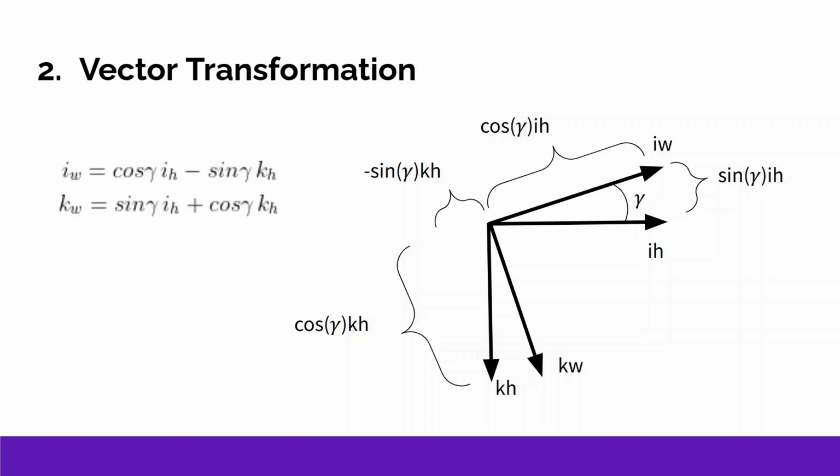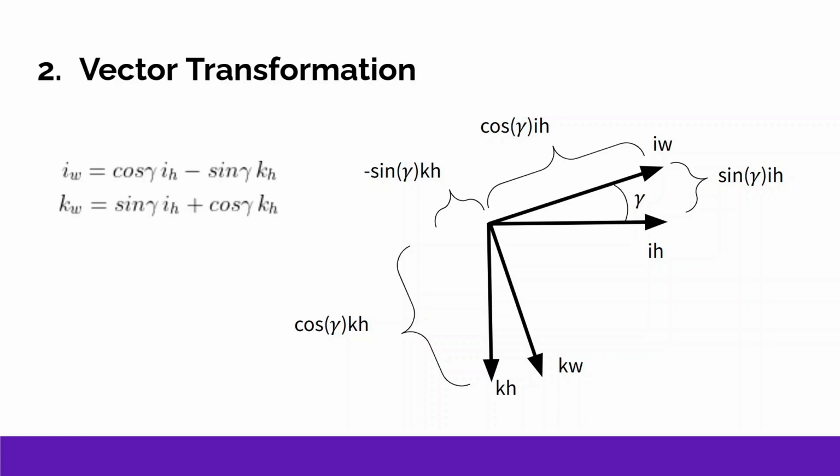The projection of KH onto KW is going to be cosine of gamma KH, and because it points in the same direction as positive KW, it is a positive contribution. Finally, the projection of IH onto KW is going to be sine of gamma IH, and because it is pointing in the same direction as positive KW, it is a positive contribution.